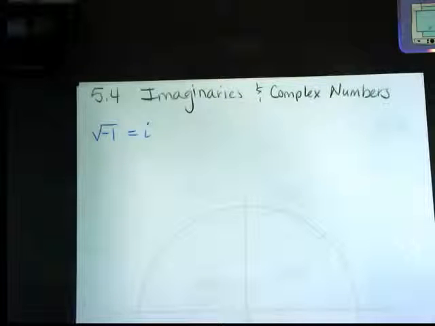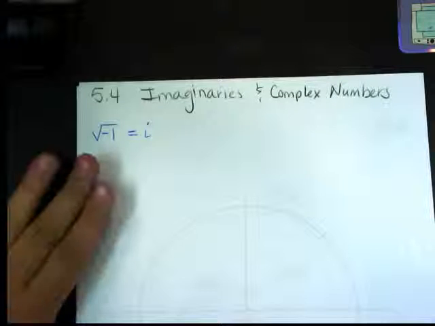Anytime you square root a negative, that's an imaginary. So that's the only place the imaginaries come from, is the square root of a negative number. We use 1 just because that's the easiest one to deal with. But imaginaries come from anytime you take a square root of a negative. It doesn't matter what other number is there. And we'll talk about that here in a little bit.